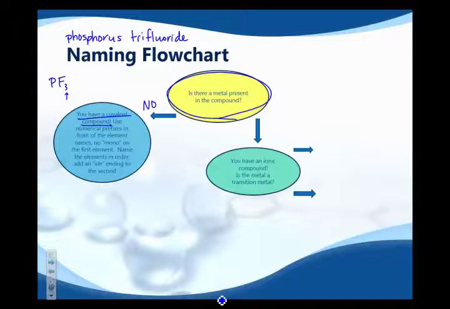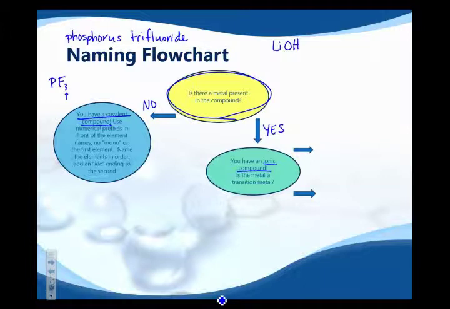If there was a metal present in the compound, if the answer to that question was yes, now you know you've got an ionic compound, which is great, but we need to ask ourselves another question, which is, is the metal a transition metal? So let's take, for instance, LiOH. If you look at LiOH and you check your periodic table, you'll see that lithium is not a transition metal.